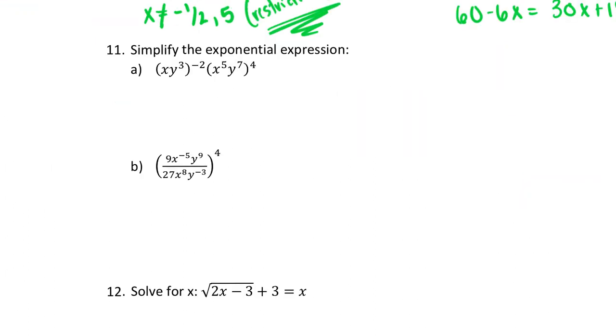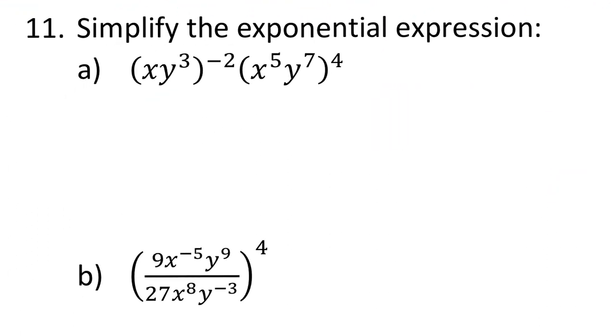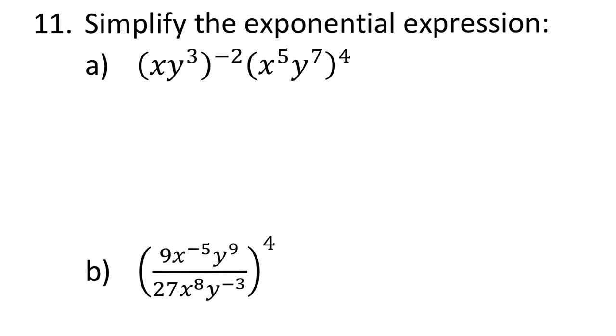Okay, so let's look at 11. Simplify the exponential expressions. So the first thing we want to do is simplify inside the parentheses if we can. In this case, we can't. So then the second thing I'm going to do is deal with this negative outside. So I'm going to rewrite that as 1 over (xy cubed) to the second power.